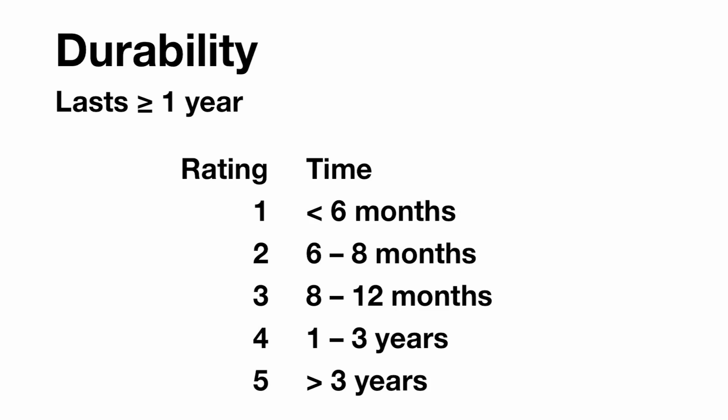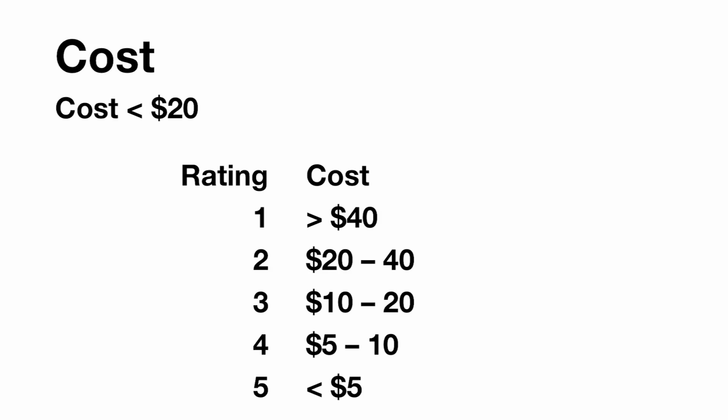As you notice, times range from less than 6 months to greater than 3 years on our rating scale of 1 to 5. For cost, we set the design criteria to be less than $20. And again, here we have increments from $40 to 20 to 10 to 5 from our 1 to 5 rating.